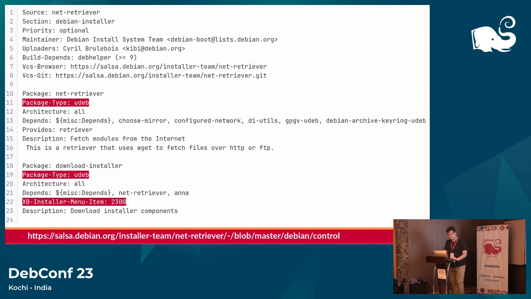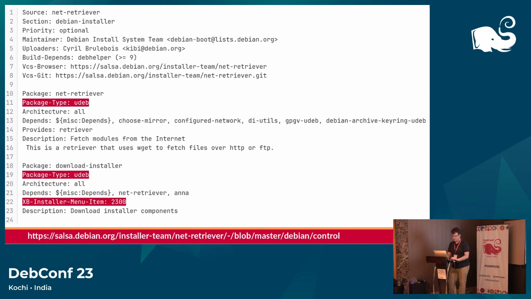The difference between a normal Debian package control file and the Debian UDEB package control file is this Package-Type: udeb stanza that is in the binary package descriptions. And there's an additional weird thing that's called XB-Installer-Menu-Item. Let me explain that later a bit.